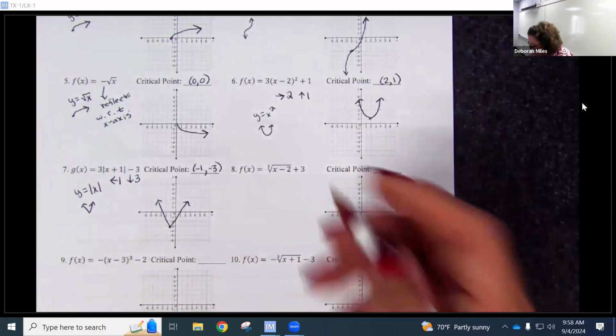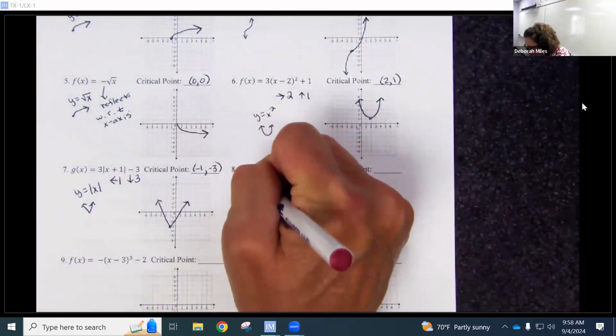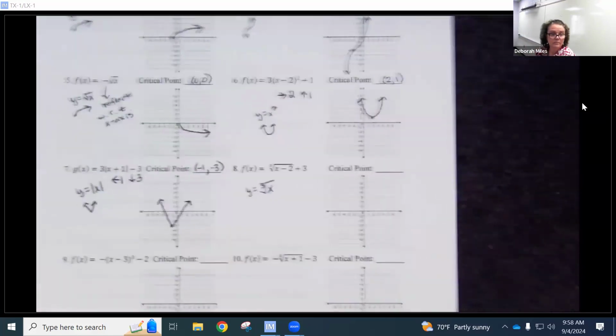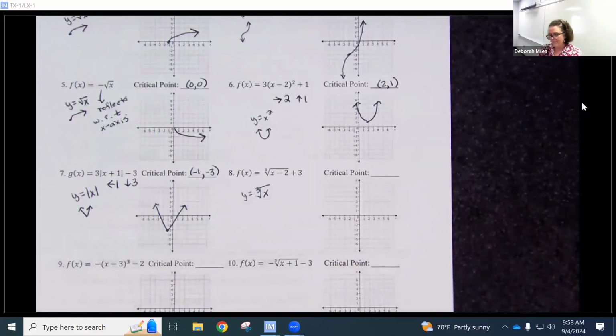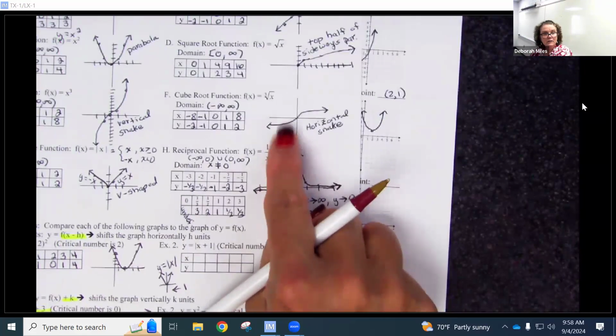I know that the graph of y equals cube root of x is that horizontal snake.